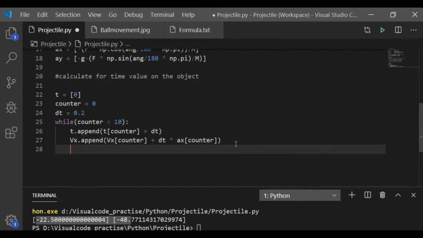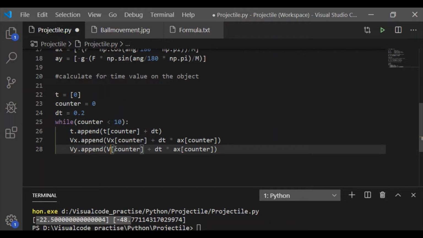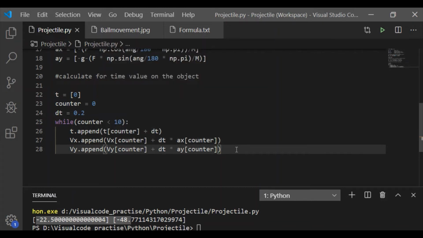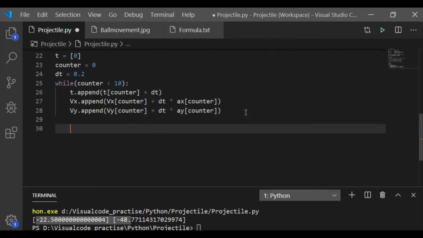So the new value of velocity is in terms of the acceleration and time period. Similarly, the y component of velocity is Vy current value plus delta t times the y component of acceleration. So for delta t, we got the updated velocity components, which are nothing but in terms of the current velocity and the function of acceleration with respect to delta t.